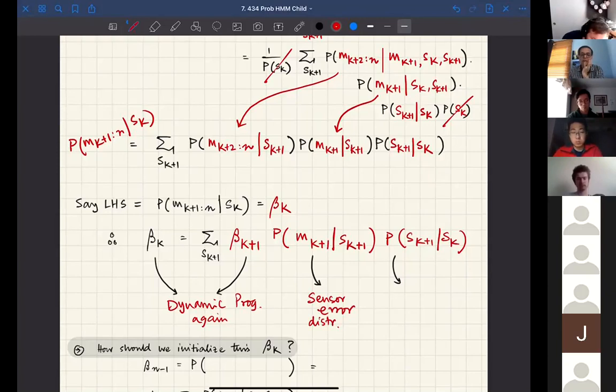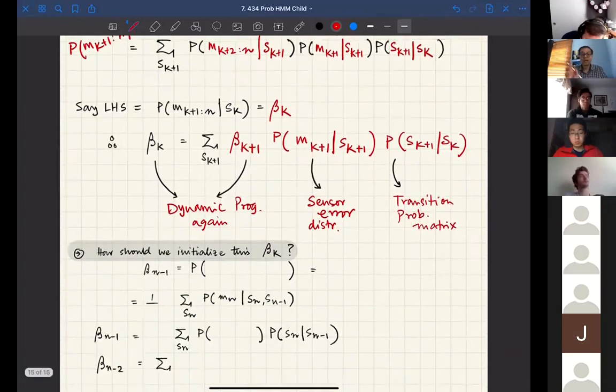What is this last one, guys? Transition matrix. Perfect. Transition probability matrix. You've gotten the backward part as well.